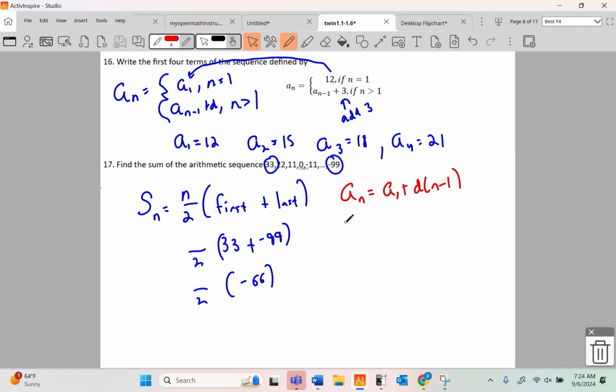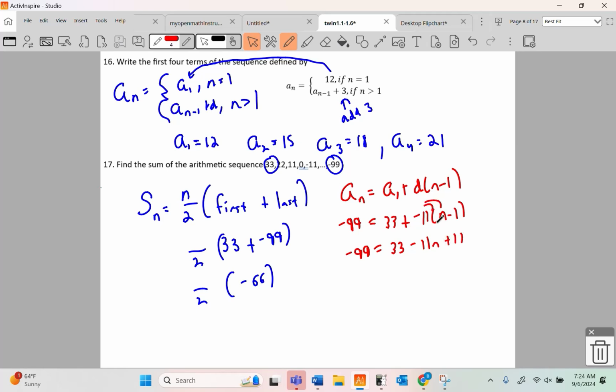And you see that guy right there? It's negative 99. It's got to be the first term of 33 plus the difference, which is to lose 11 times n minus 1. So negative 99 equals 33 minus 11n plus 11 because of the distributive property.